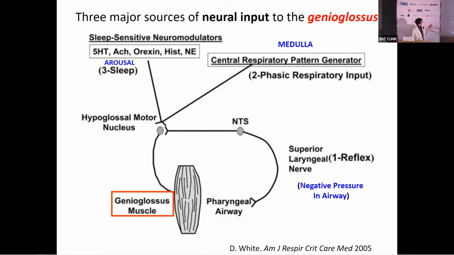Number 2 is the respiratory control center in the medulla. That also sends output to the hypoglossal motor neuron nucleus, and that also activates our genioglossus. And finally, local mechanical receptors will send messages to the NTS, and then our superior laryngeal nerve also activates our pharyngeal airway. So these are the inputs to our genioglossus muscle.